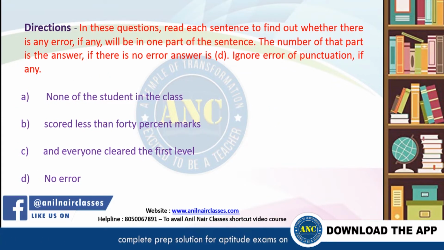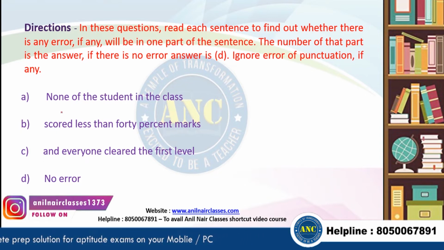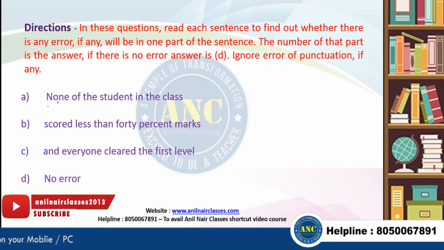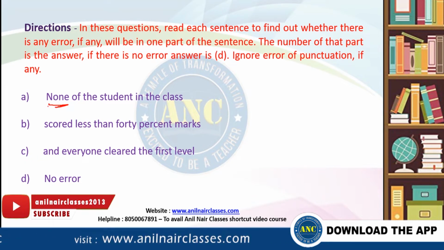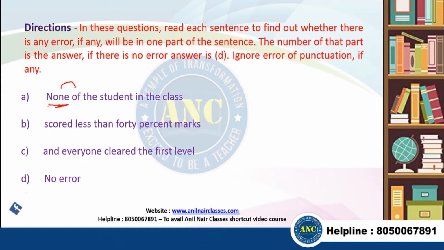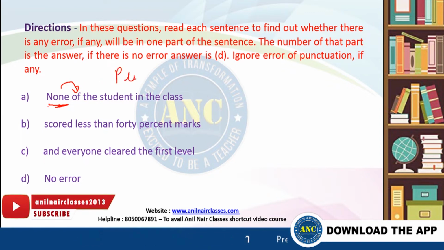Move to the next question. None of the student in the class. I explained this to you in the previous question also. None means out of many you are talking about none, right? So none of the student, none of. After the pronoun none, if you have of, a phrase which is starting with of, it will always have a plural noun over here.